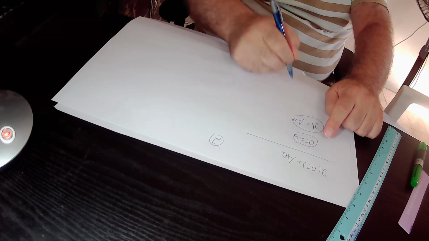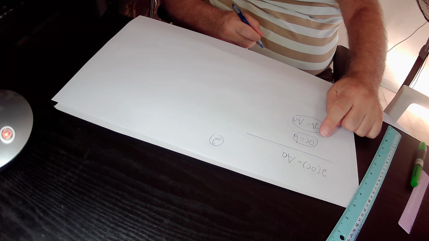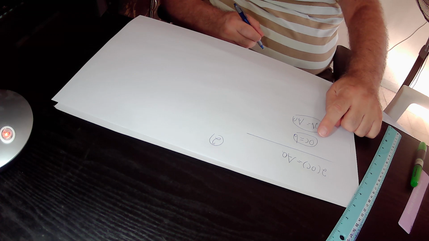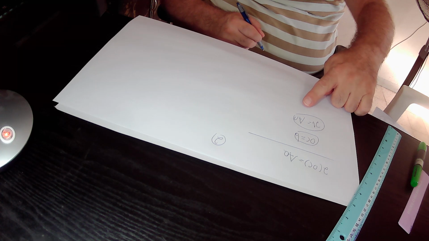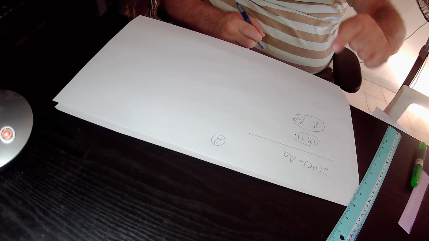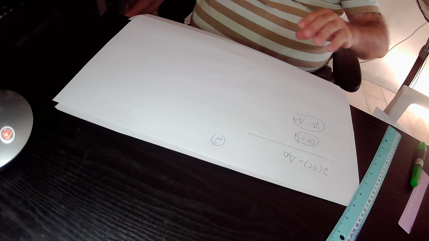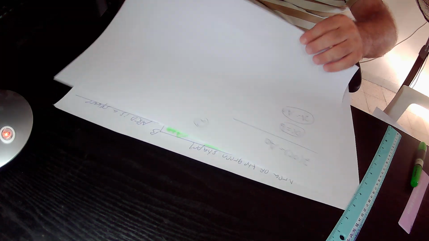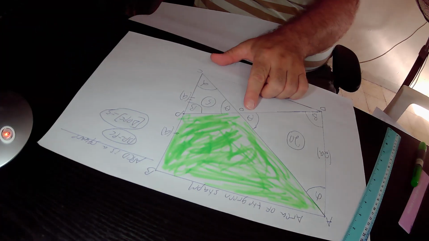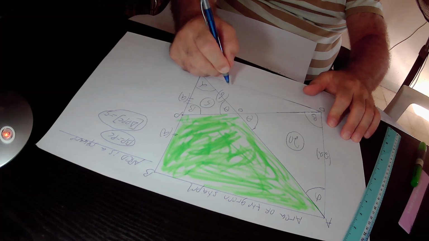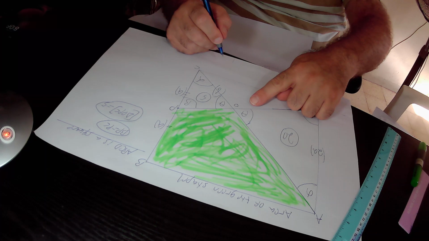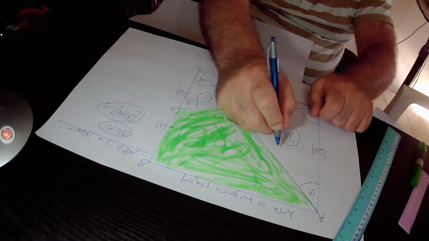So if we define the length of line segment OC as B, then AO will be equal to 2B. That is to say, AO is twice as long as OC. So if we define the length of this line segment OC as B, then the length of this line segment AO is equal to 2B.